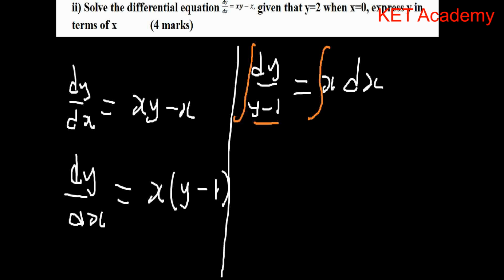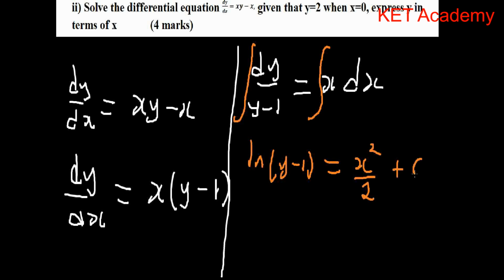If we get 1, which is the coefficient of the numerator, therefore the integral of dy divided by y minus 1 is ln of y minus 1, which is equal to the integral of x, which is simply x squared divided by 2, plus a constant term c or k. I'll prefer to use k because k starts my academic journey.